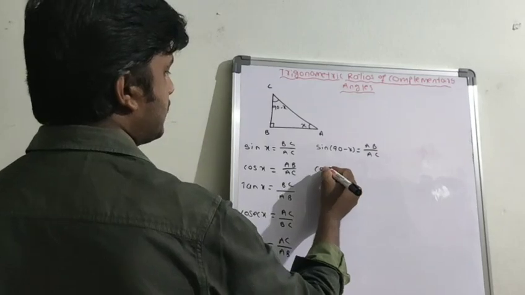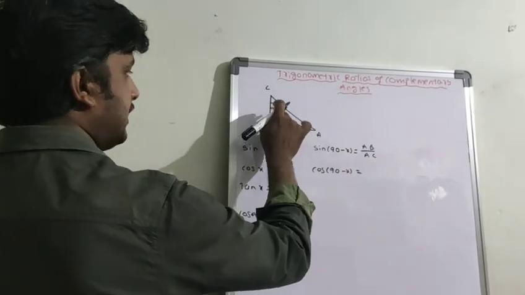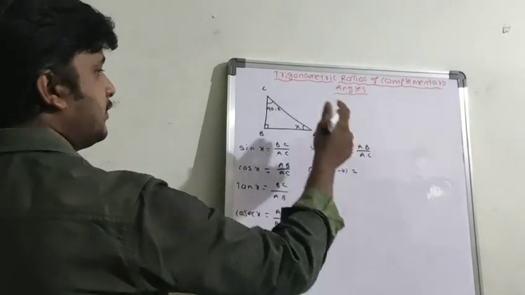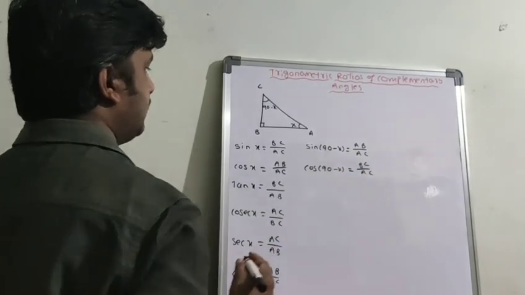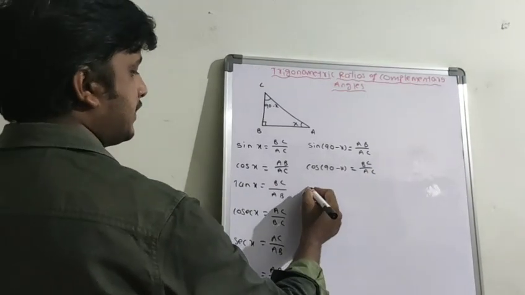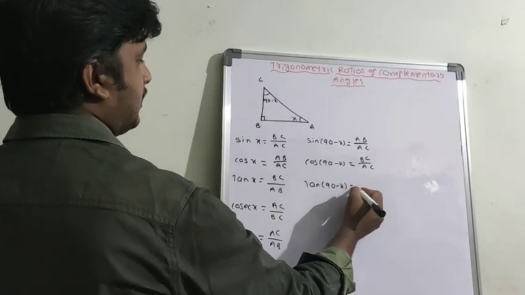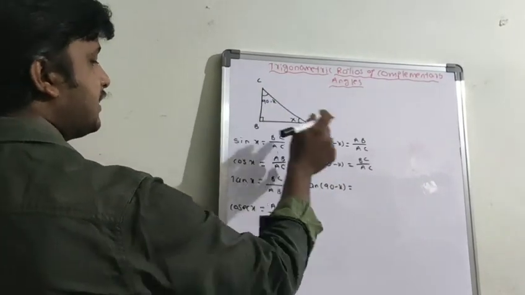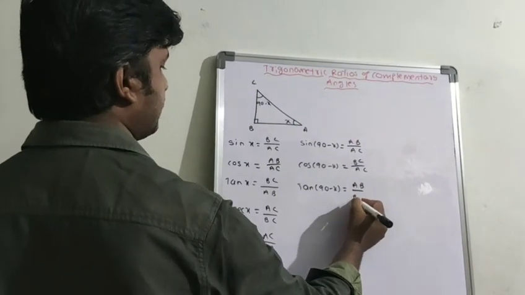Next, cos 90 minus x is equal to, here this is adjacent by hypotenuse, BC by AC. Next, tan 90 minus x equal to, opposite is AB, but adjacent is BC.